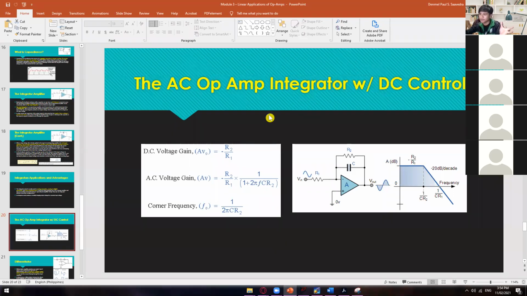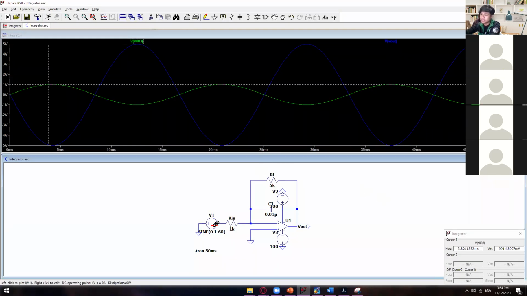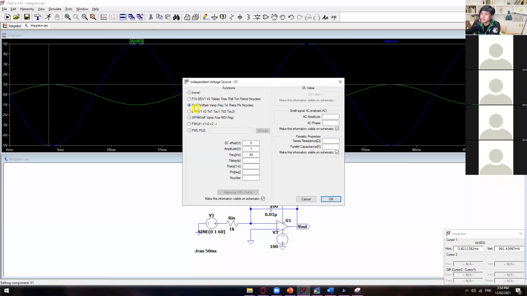That is another concept. I would like you guys to find a circuit, or you can use this one instead, and just change the sine into pulse. If you want to get a square wave or a triangular wave, I would like you guys to make an experiment on this one.